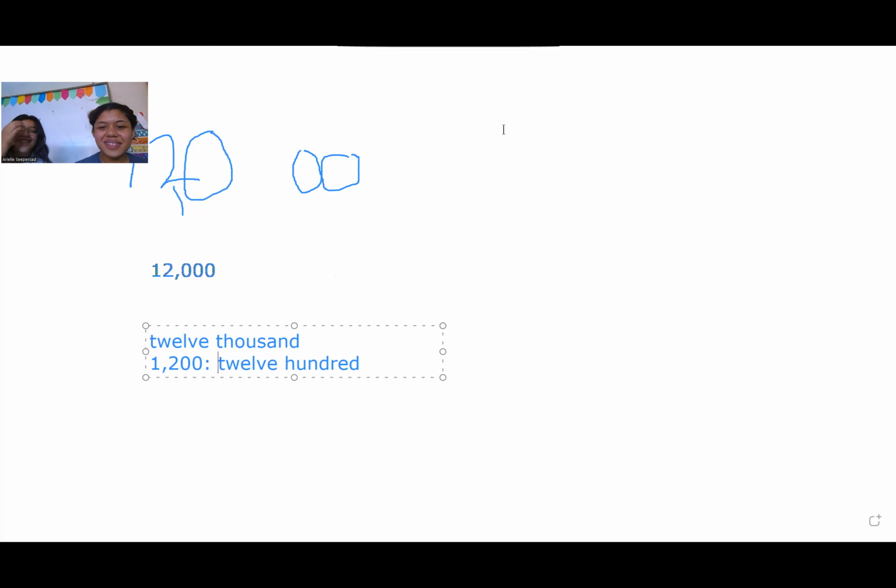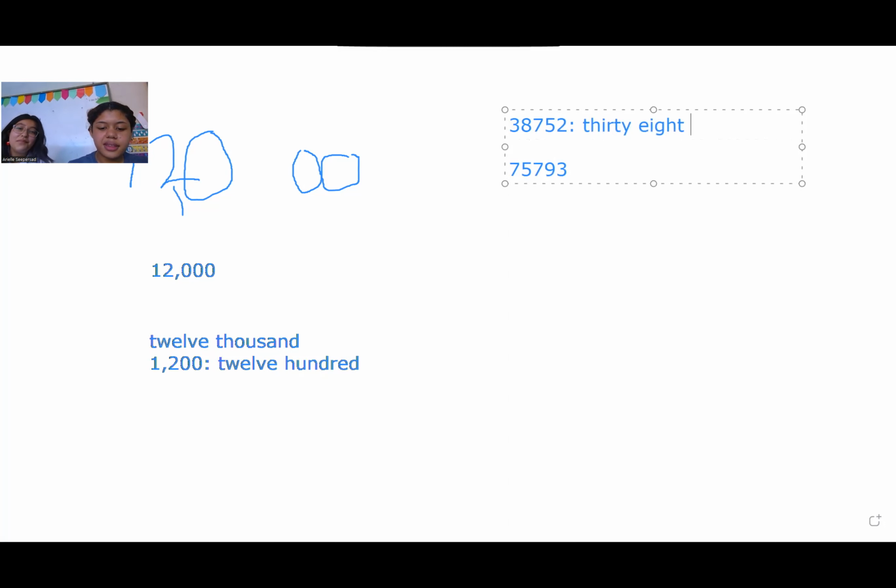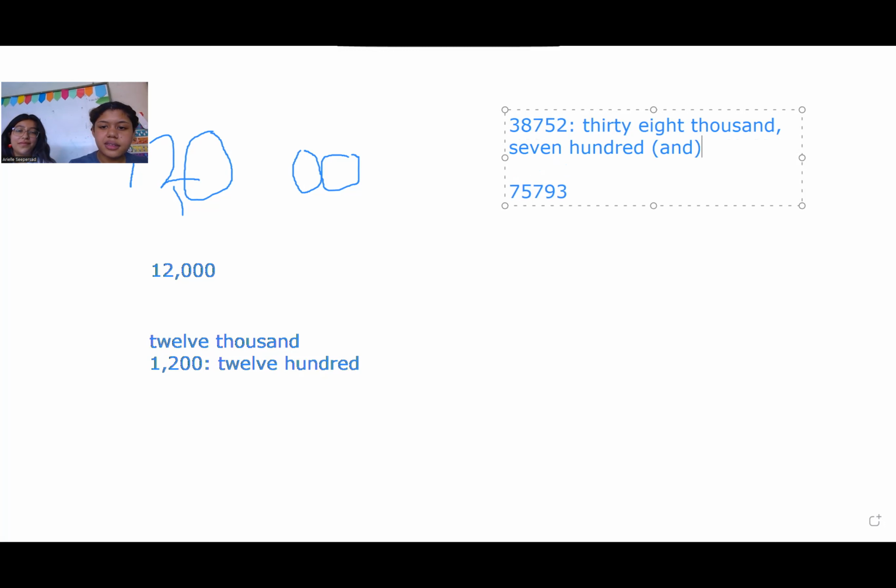Okay, so some examples. Here, let's go. 5 digits. So this one will be 38,752.